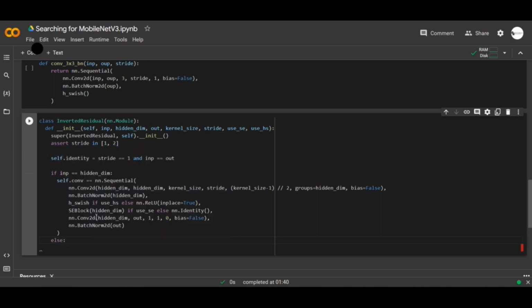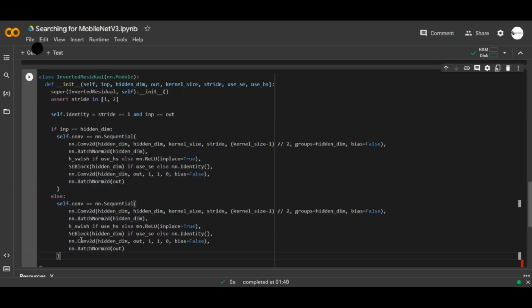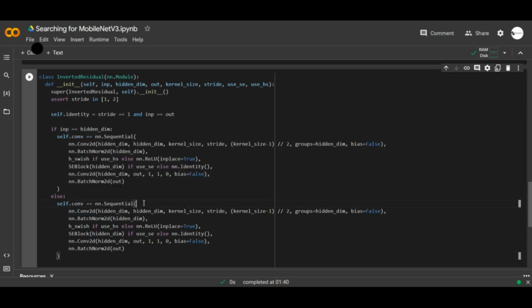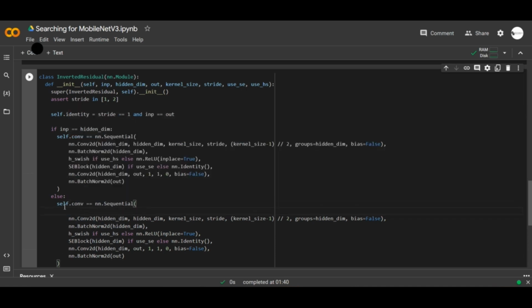Okay. So I'm just gonna copy this, and we're gonna make small changes. It's going to be self.conv equals sequential. Then we have to apply the pointwise, so can I copy this?